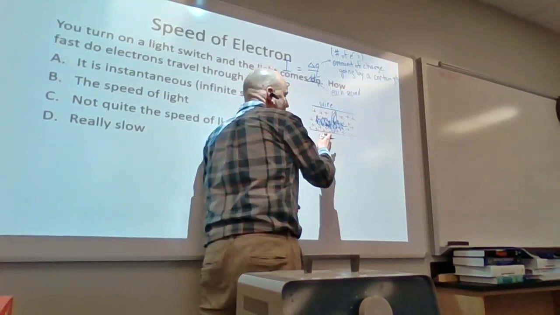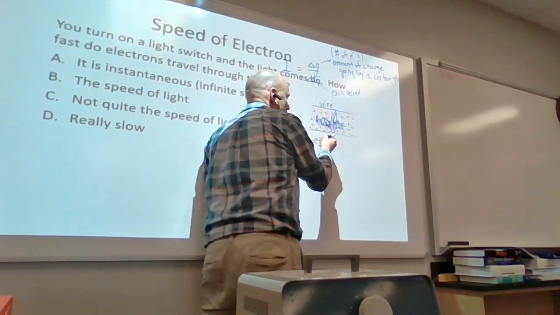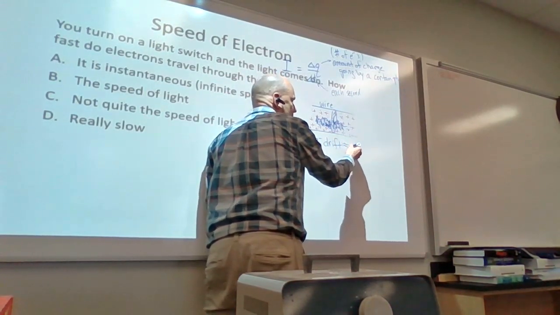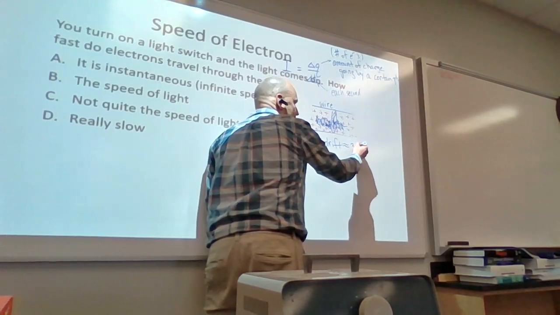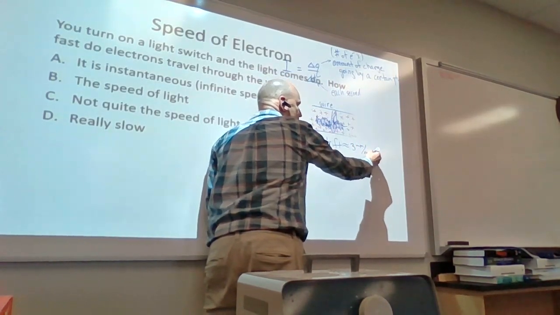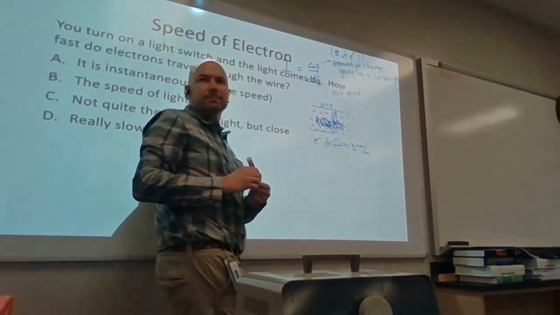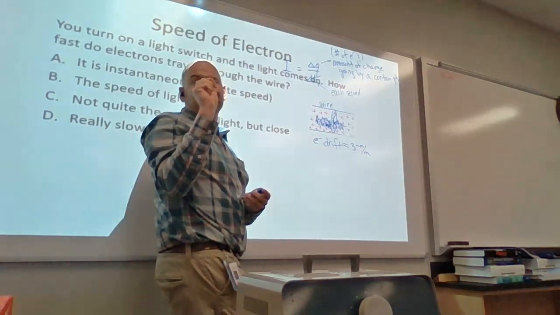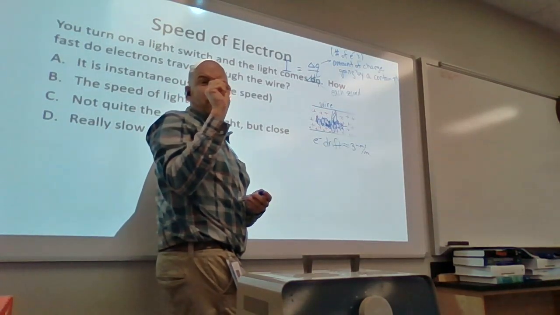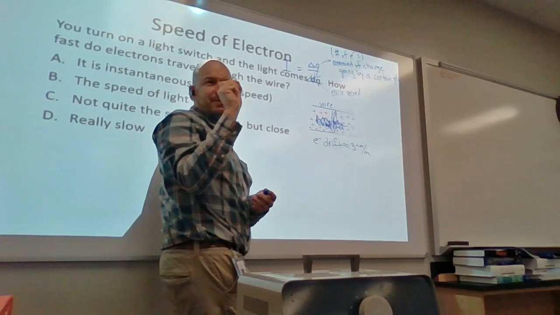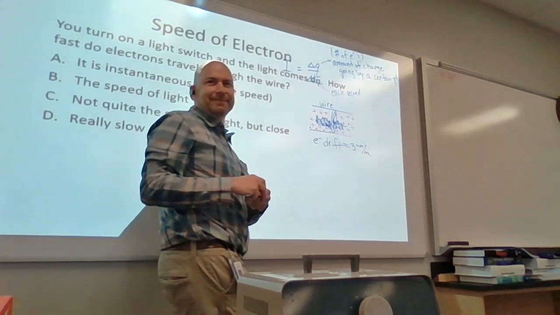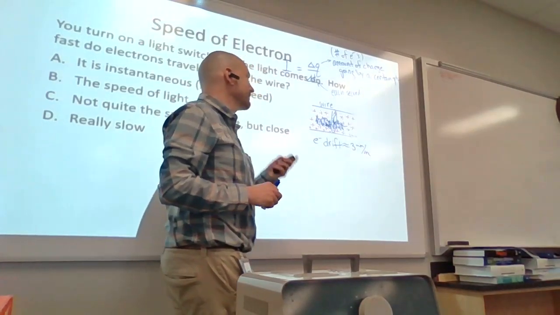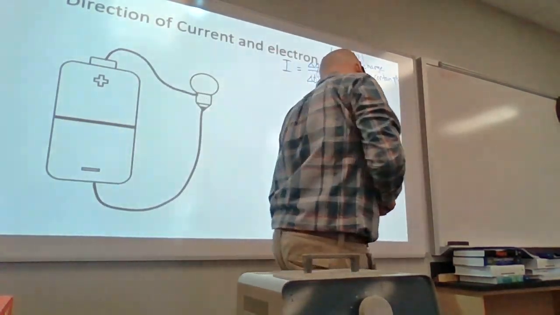How fast they go this way is known as electron drift. You don't have to memorize this, I'm just giving you some context. But that's roughly around 3 millimeters per second. Pretty slow. It's like 1 Mississippi, 2 Mississippi, 3 Mississippi, 4 Mississippi, 5 Mississippi, 6 Mississippi. It's not very fast. Good with that? Okay. All right.